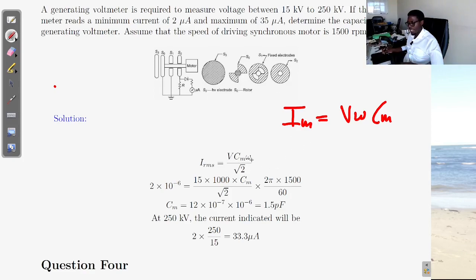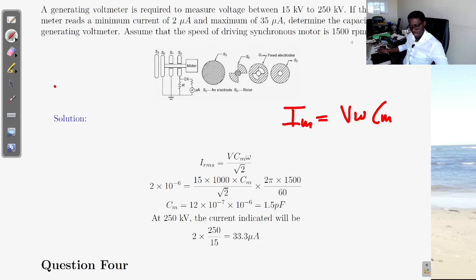So we come up with that, and we've been asked to find the capacitance. The question says a generating voltmeter is required to measure voltage between 15 kV and 250 kV. If the indicating meter reads a minimum current of 2 microamps and a maximum of 35 microamps, you are to determine the capacitance of the generating voltmeter. Assume that the speed of the driving synchronous motor is 1500 RPM. So we have the speed of the synchronous motor indicated in that way.